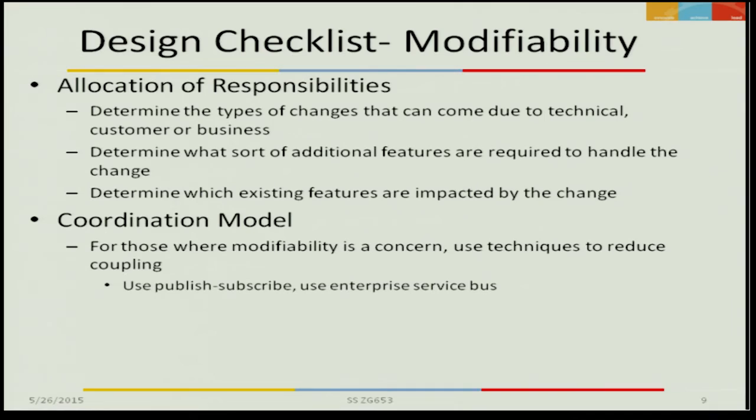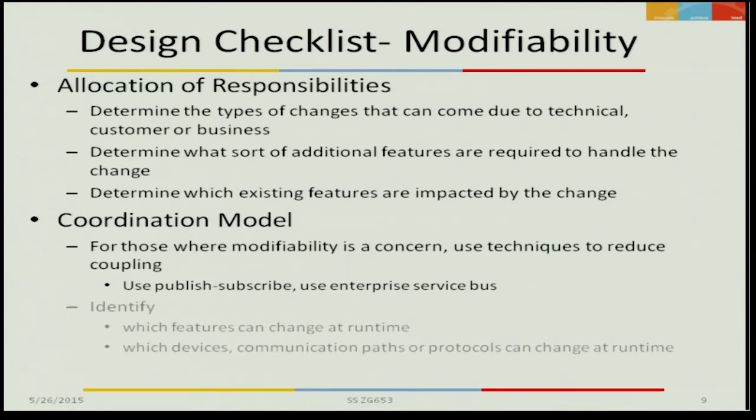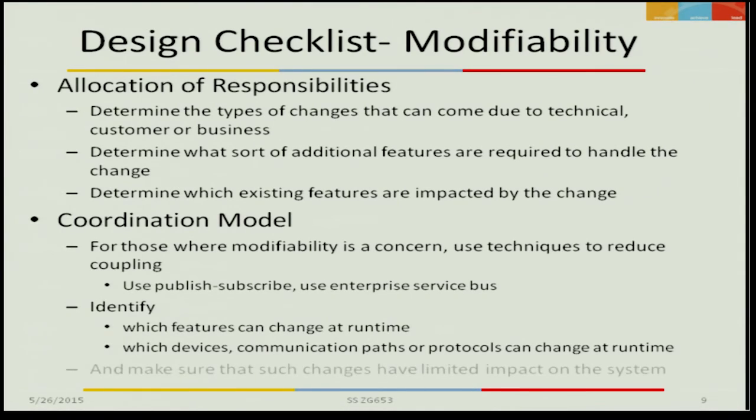Use of publish and subscribe, and use of an enterprise service bus, are common techniques to achieve this. Identify which features can change at runtime. Identify which devices, communication protocols, or communication paths can change at runtime, and make sure that such changes have limited impact on the system.